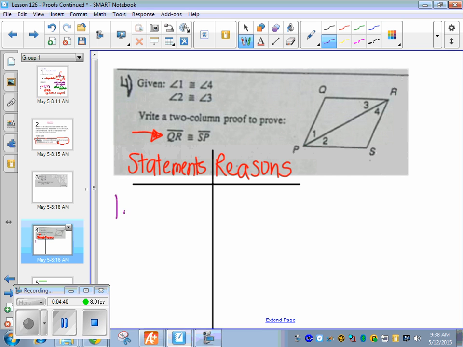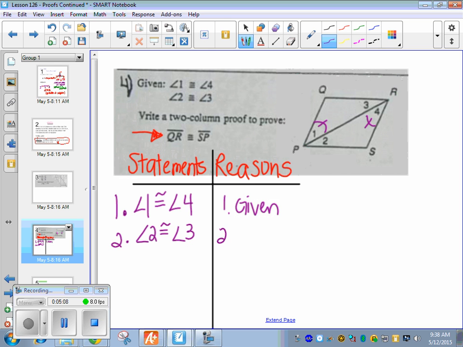So first we know angle 1 is congruent to angle 4. So I'm going to state that, and I'm going to mark it on my picture. So angle 1 is congruent to angle 4. Okay, we have another given, and we've got to say given for a reason. So for our second thing, we can say angle 2 is congruent to angle 3, and that's given.